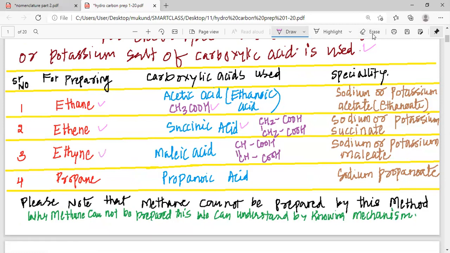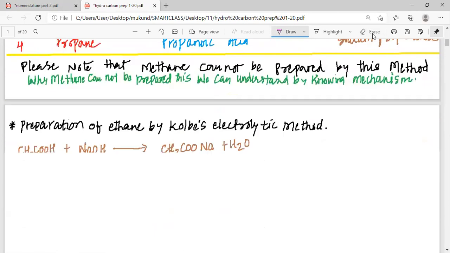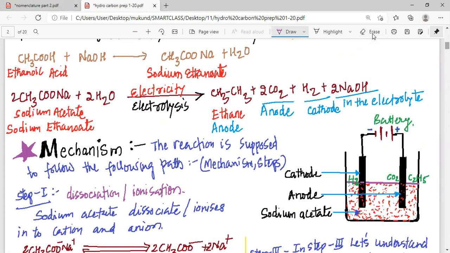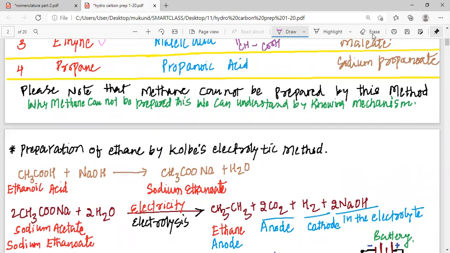For the preparation of ethyne, we are going to take the aqueous solution of sodium or potassium malate, or we use malic acid and convert it into sodium or potassium malate. For the preparation of propane, we are going to use propanoic acid or sodium propanoate. So this is how we can use various types of carboxylic acid.